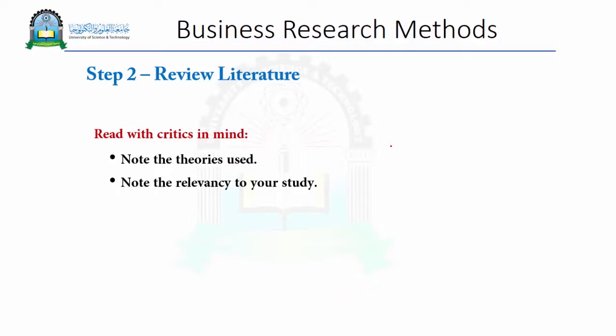Whatever is related to your research problem needs to be reviewed critically in order to synthesize your own ideas and synthesize your own literature review and your research work. So you read with critiques in mind and note the theories used. It's very important to understand the theories used for any of the research problems you are going to do the research about.